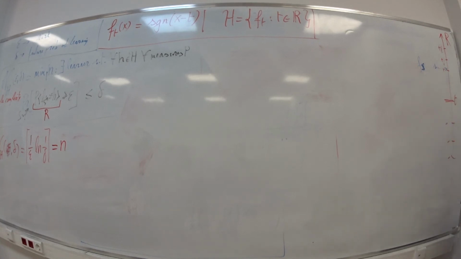Okay, so how does it work? I will now define some number r such that the probability of the interval RT is exactly equal to epsilon.